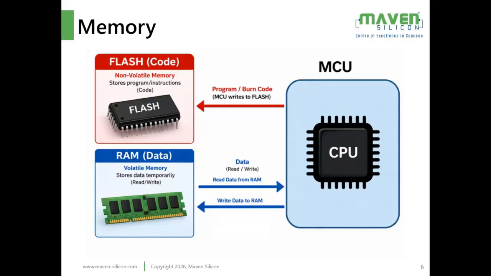Consider flash your long-term memory, and RAM like something that came into your mind that you just noted down on a scratch pad or a piece of paper, which doesn't have long-term storage. So flash is for long-term storage and RAM is for short-term or temporary storage, but it is very, very fast compared to flash.